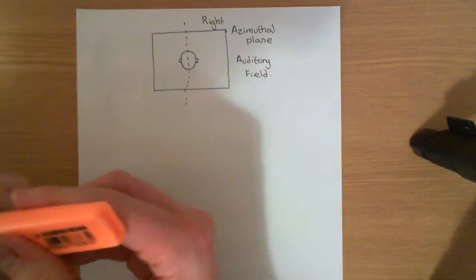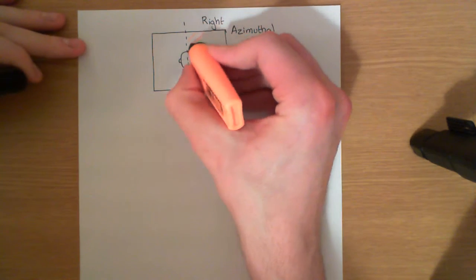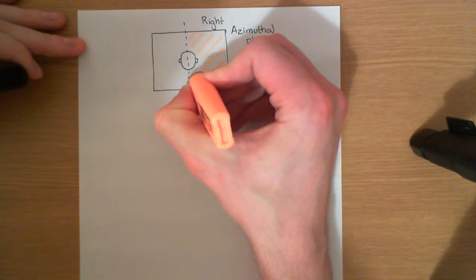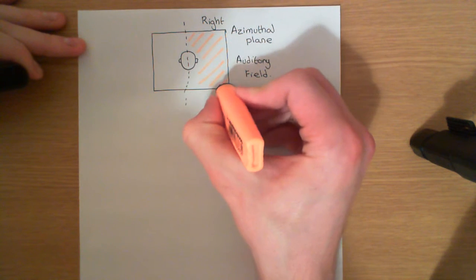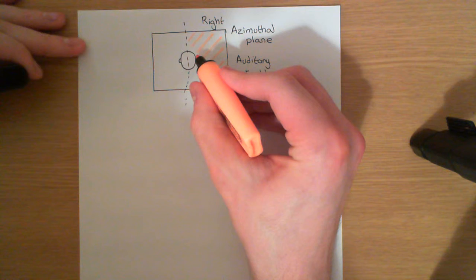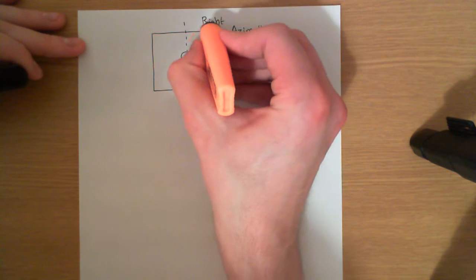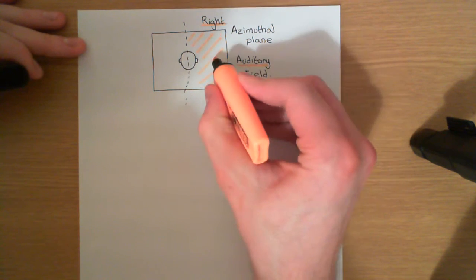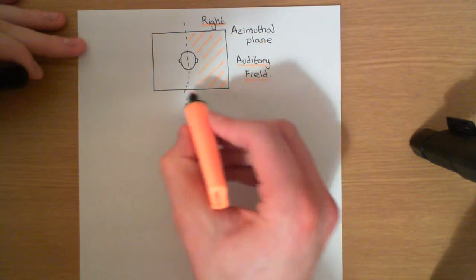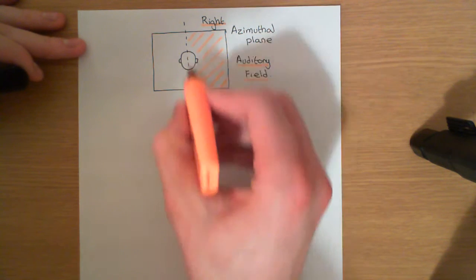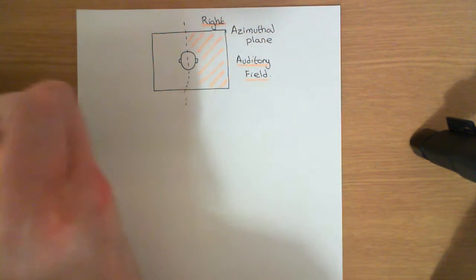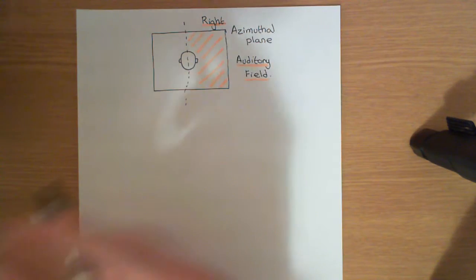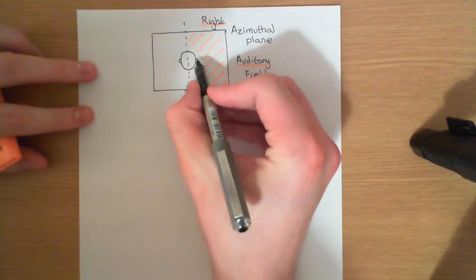So all of these places over here that I'm now colouring in orange, all of these parts of space are closer to the right-hand ear here than the left-hand ear. So a very important concept is that if an auditory stimulus is present in this right portion of the auditory field, in this right auditory field, then which ear is actually going to hear it A, louder, and B, first? Well, it's going to be the right ear.